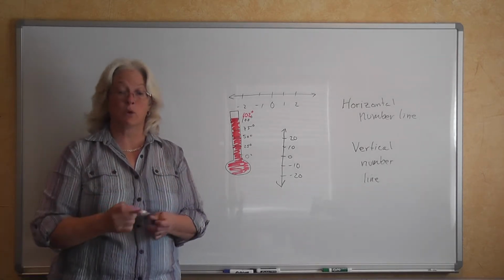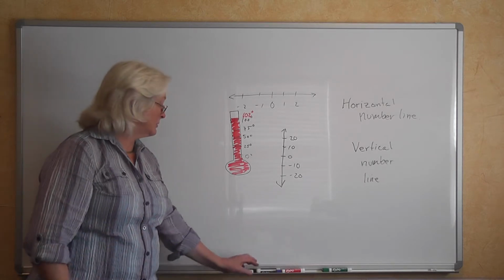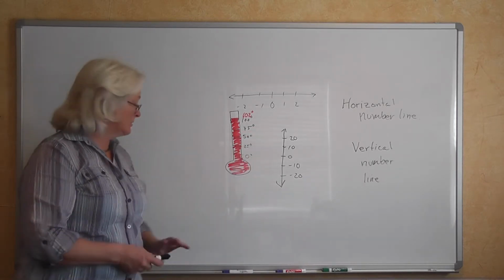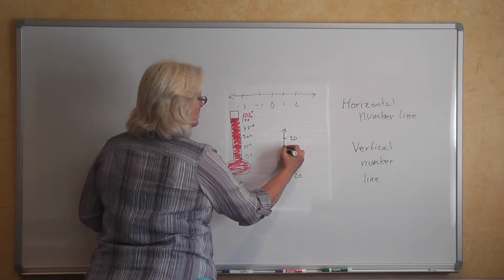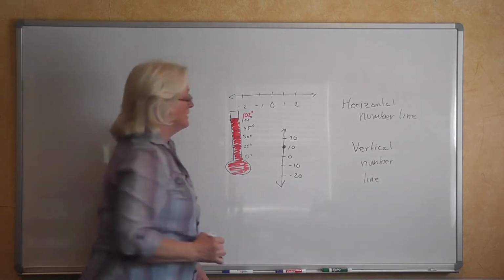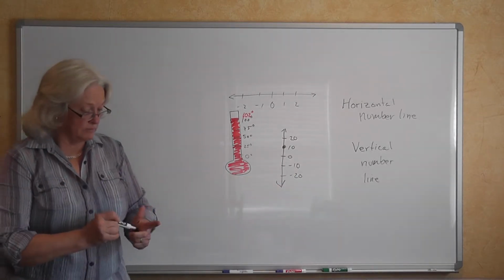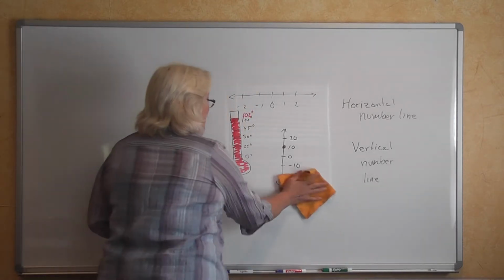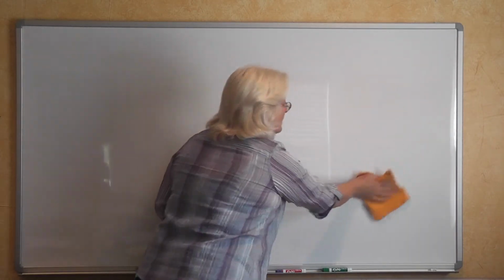So in your problems, when it says graph 10 on a vertical number line, they want you to draw the number line, label it similarly to this, put a solid dot at the coordinate of 10. And this is how you graph 10 on a number line. See? Totally simple. And you thought that algebra was going to be so hard.